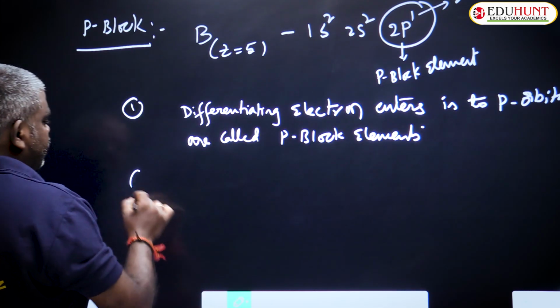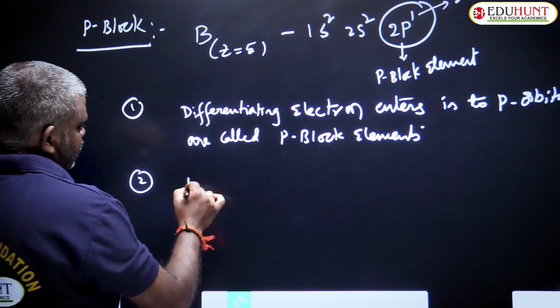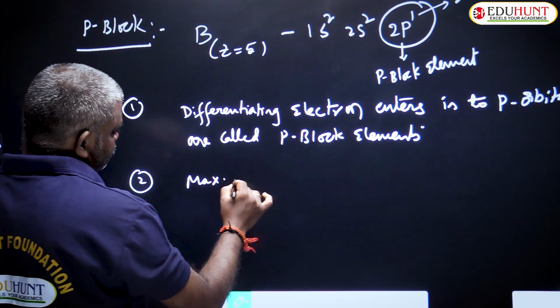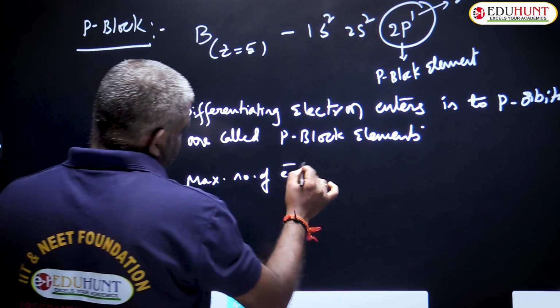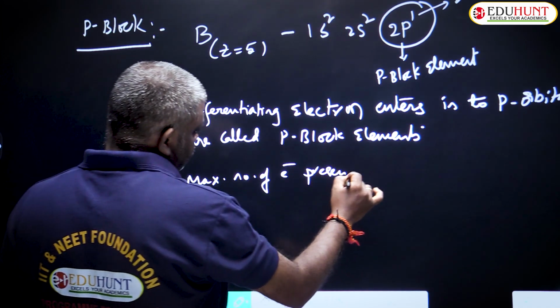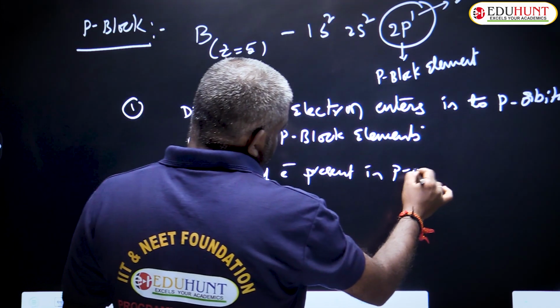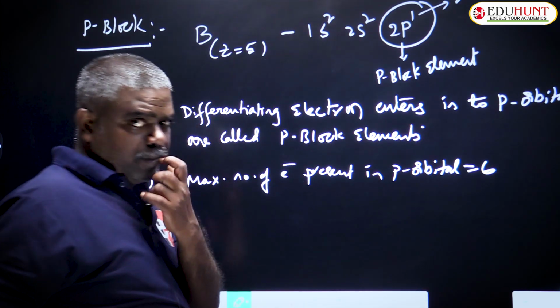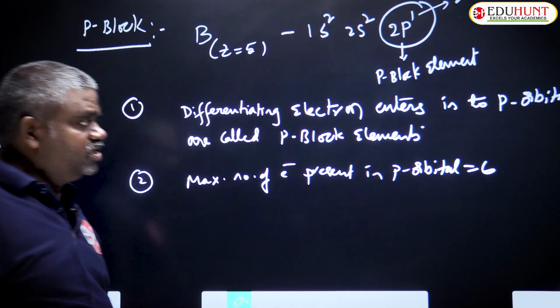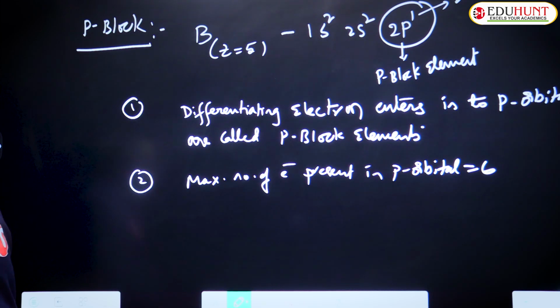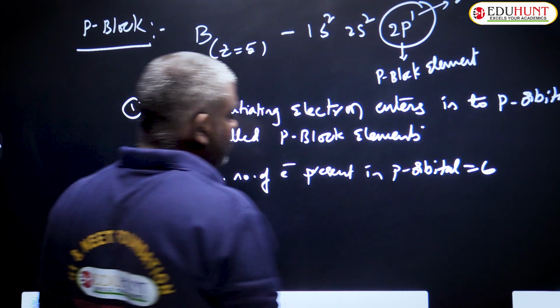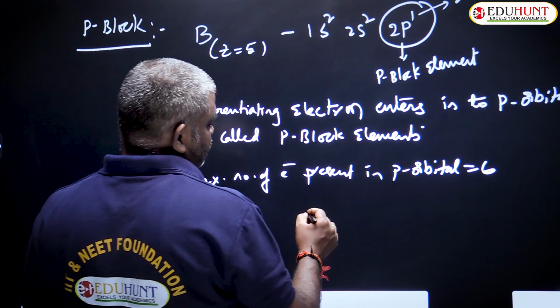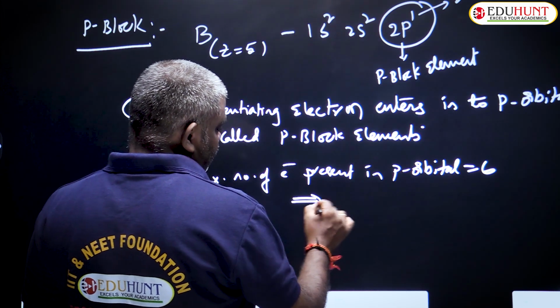Generally in the periodic table, the maximum number of electrons present in the p orbital is 6. Hence P block contains 6 groups.